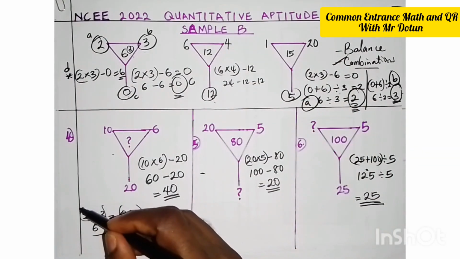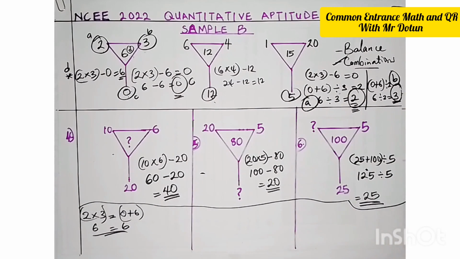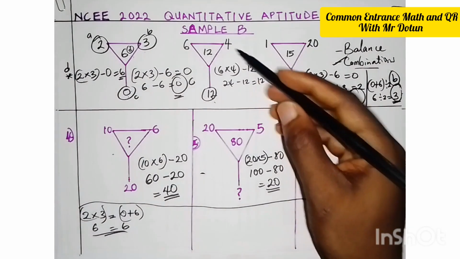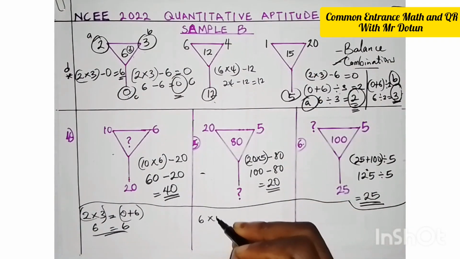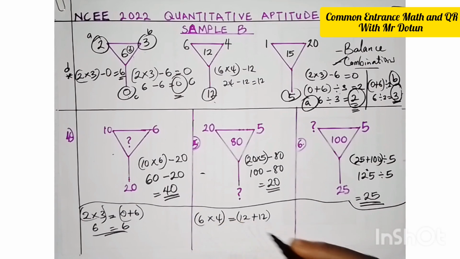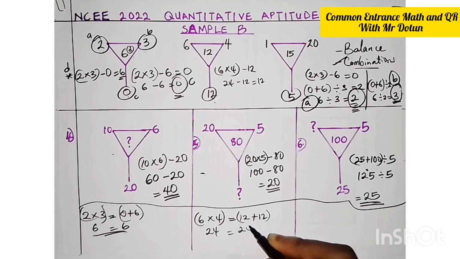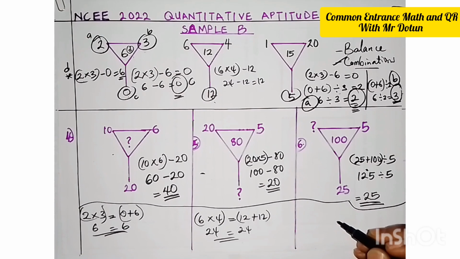Alright. For sample 2, let me just rule so that we don't mess it up. Alright, for sample 2, you have 6 times 4 equal to 12 plus 12. So you see, one pair is with multiplication, the other pair with addition. Alright, 12 plus 12 is 24. Balanced. So I'm just trying to show you balance method.